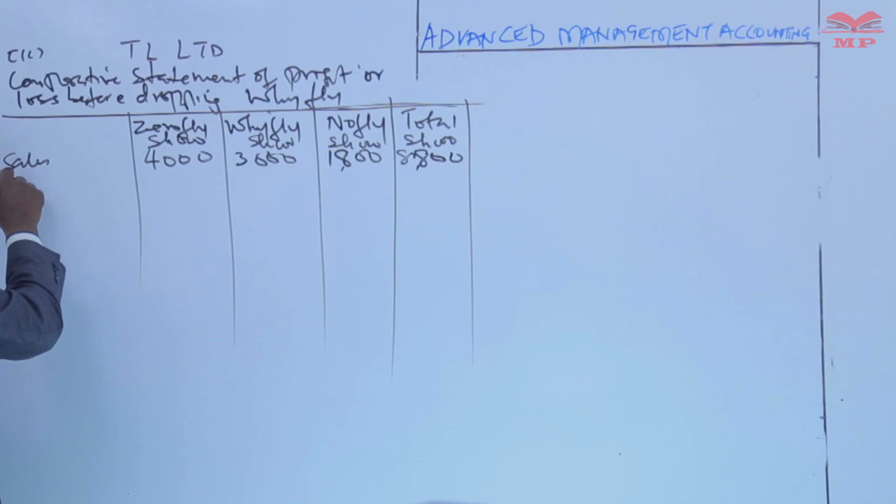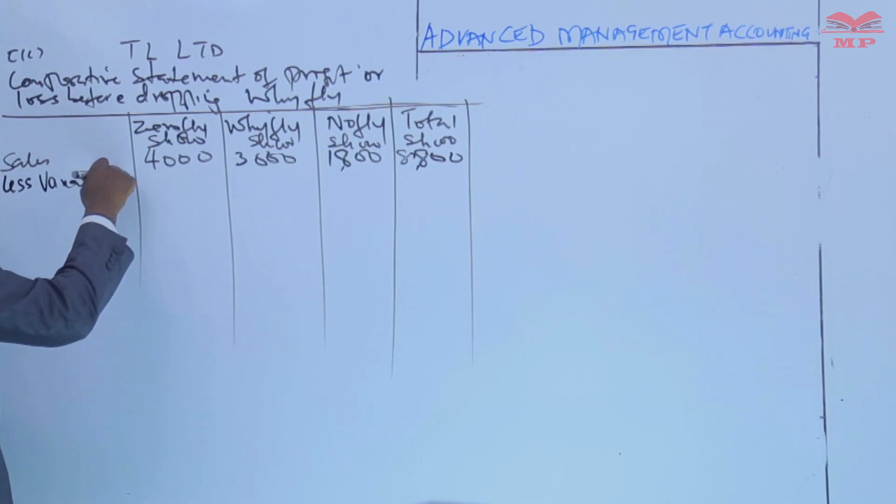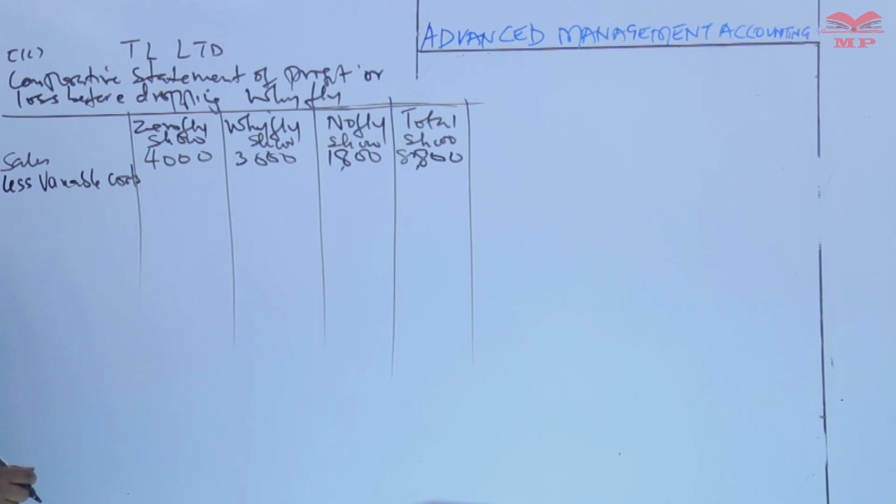We need to deduct the variable costs. Do you have the variable costs from the question? No, we have the contribution margin ratio. So we have to calculate the variable cost for each product.